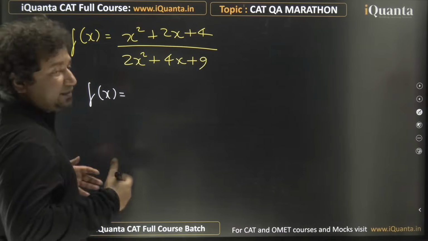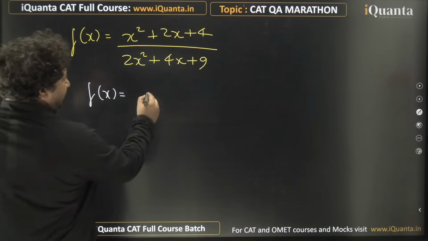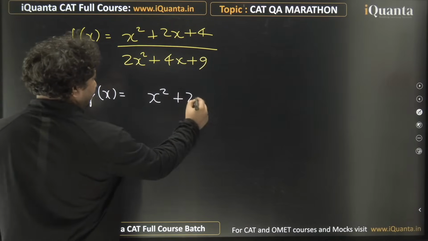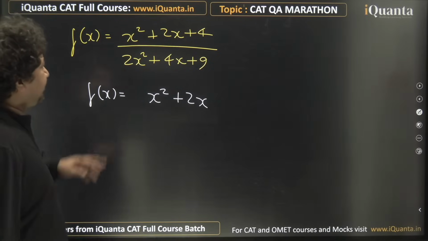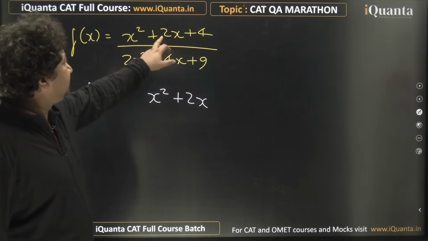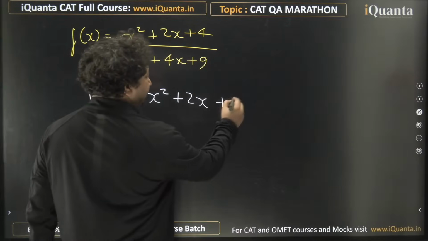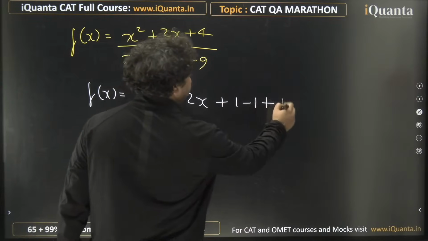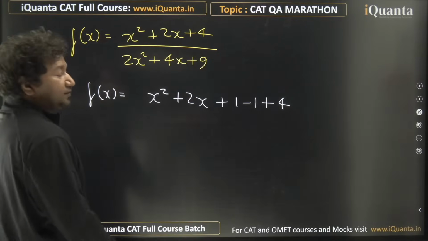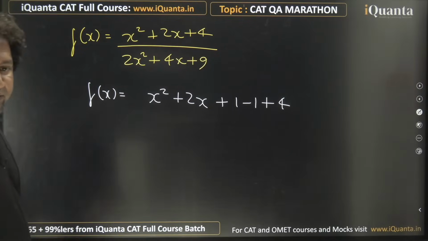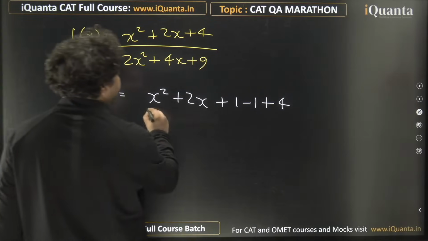I'll apply the method of least squares. All of you, those who do not know how to do it, listen to me carefully. In the quadratic equation, take half of the middle term, that becomes 1, and add and subtract its square. Plus 1 minus 1. Half of 2 is 1, its square is 1. Plus 1 minus 1, and plus 4 is already there.